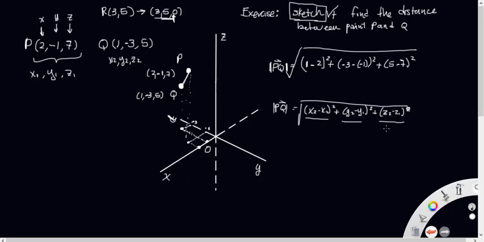Okay, if we perform the operations, then we see that this equals minus 1 squared, 3 minus minus 1 equals minus 2 squared, and 5 minus 7 equals minus 2 squared. So the values for this are 1 plus 4 plus 4.